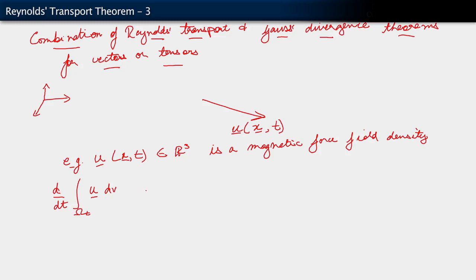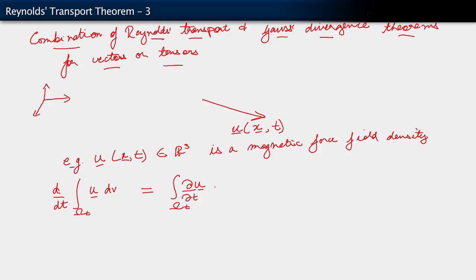Essentially what Reynolds transport theorem and the Gauss divergence theorem applied together tell us is that this is integral over omega t. The first term is just the standard partial time derivative of u, right? It says, if you want to know how this is varying, just look at your region in space and freeze it at a time t, and look at how u is actually fluctuating with respect to time over that field.